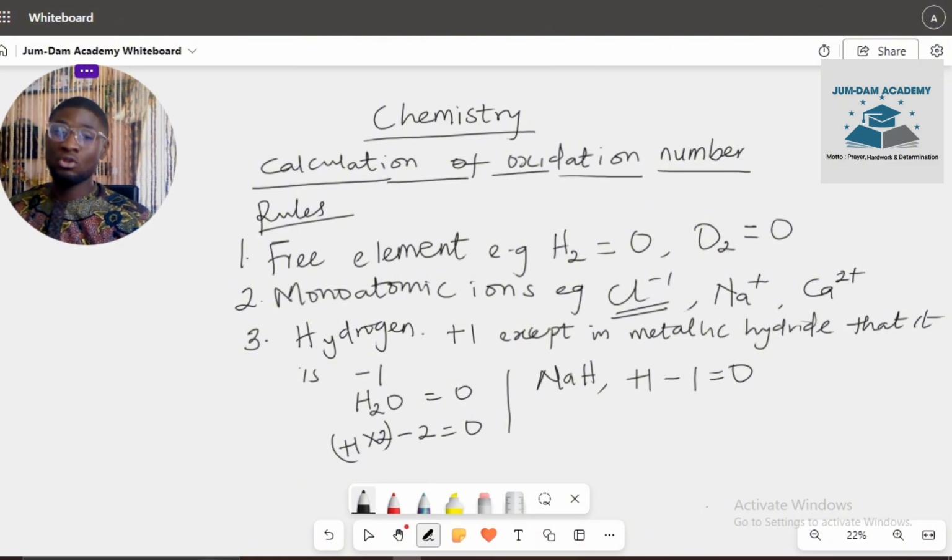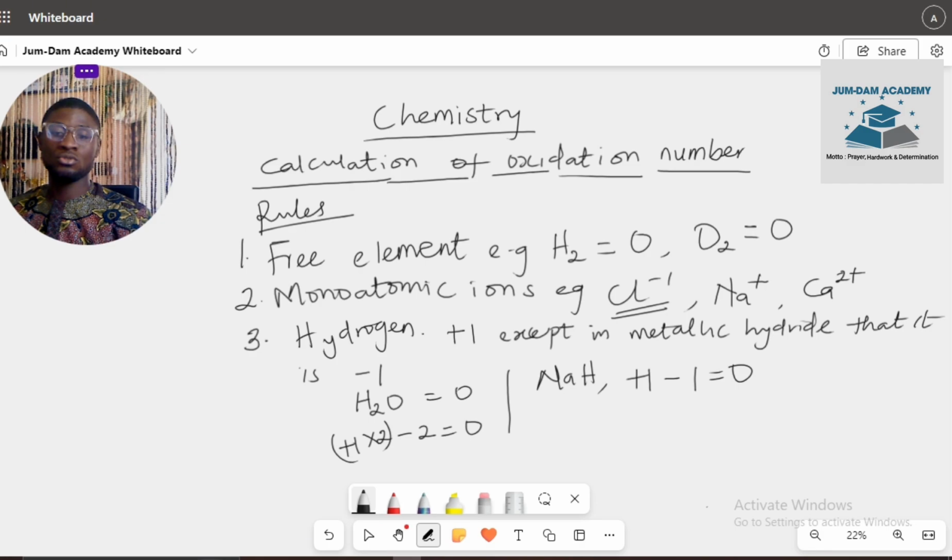A neutral compound is a compound that does not have a charge: a compound in which there are 2 or more elements, and at the top of the molecular formula of the compound, there is no charge. So it is not positively or negatively charged. Therefore, the sum of the oxidation numbers of the elements in that compound is equal to 0. So if sodium here is +1, hydrogen is -1.